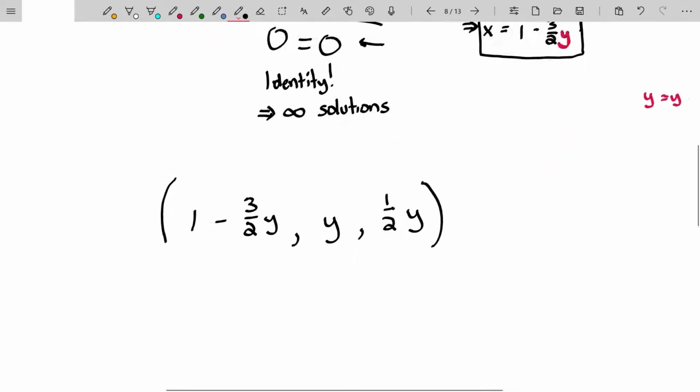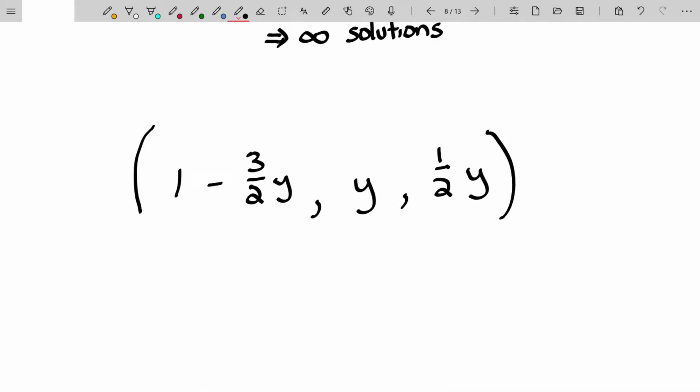And now, whatever somebody wants y to be will create a solution. If y were 0, we'd get 1, 0, 0. If y were 2, we'd get -2, 2, 1. If y were 10, you could keep doing this all day long. You have an infinite number of solutions dependent upon whatever you choose y to be.